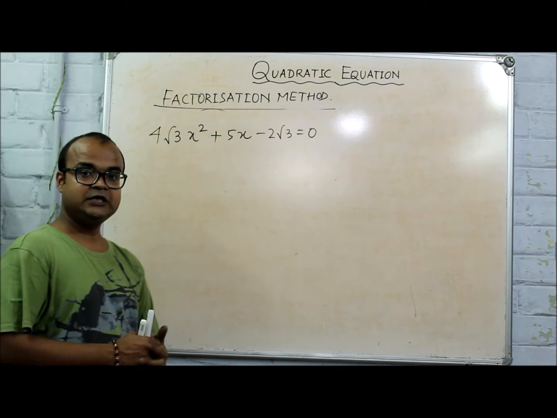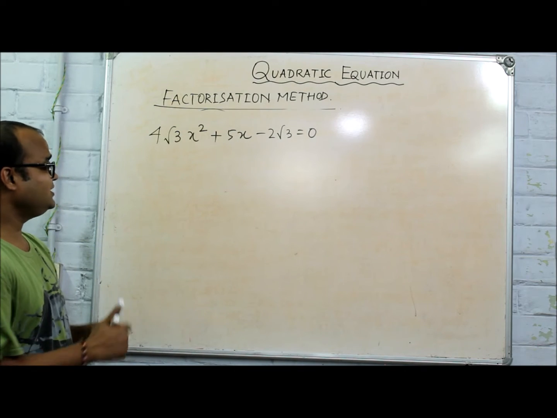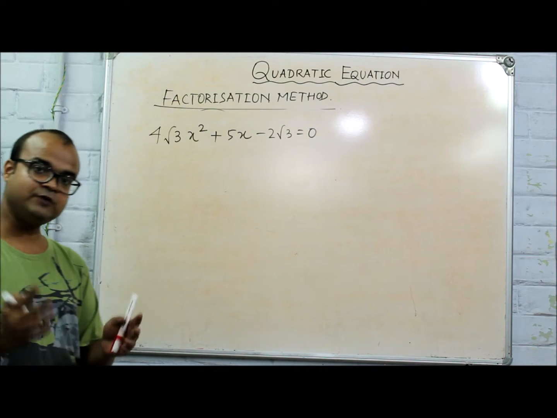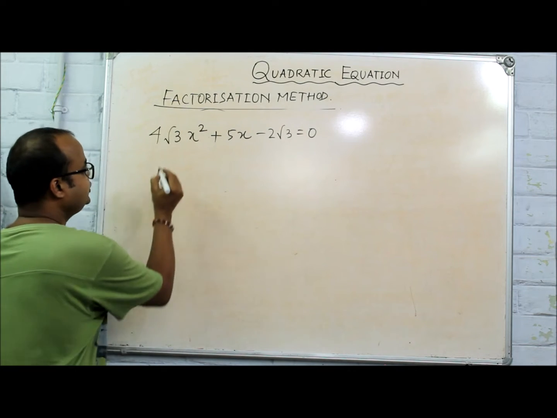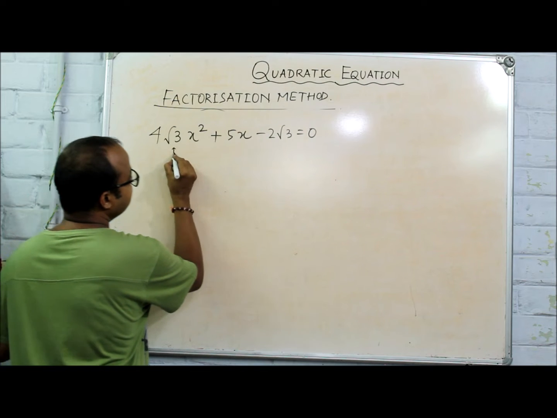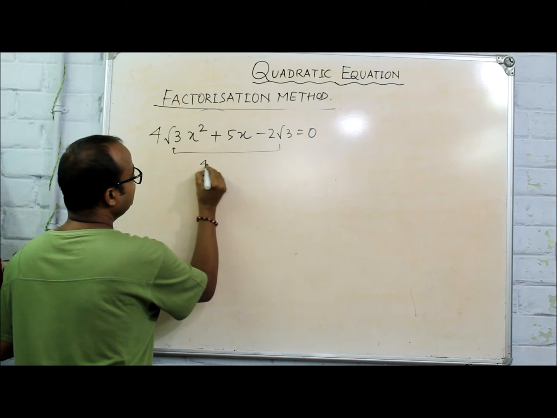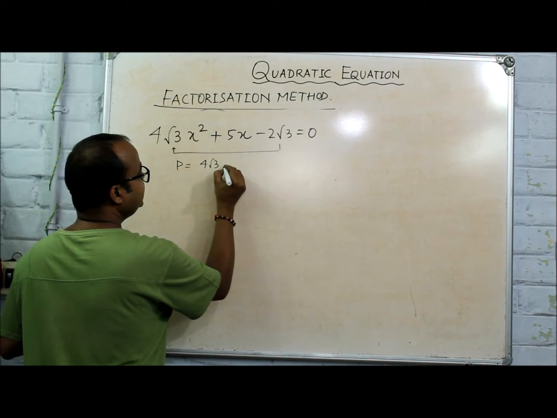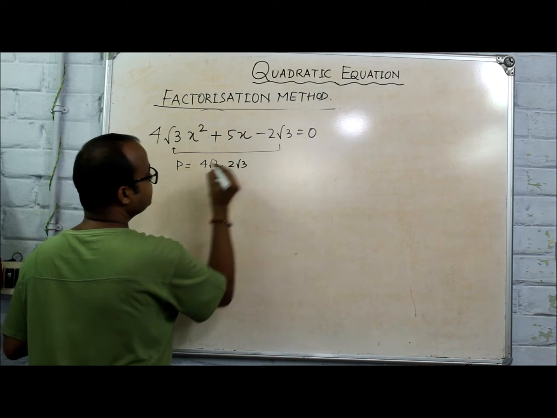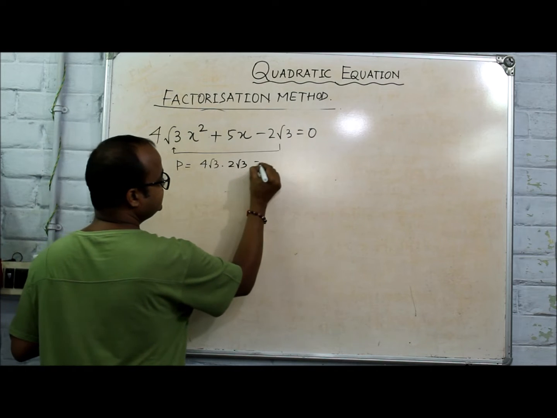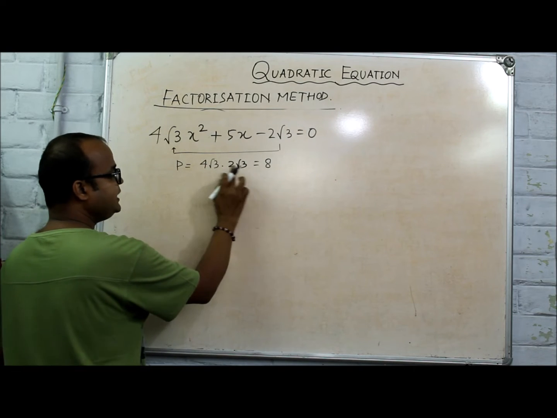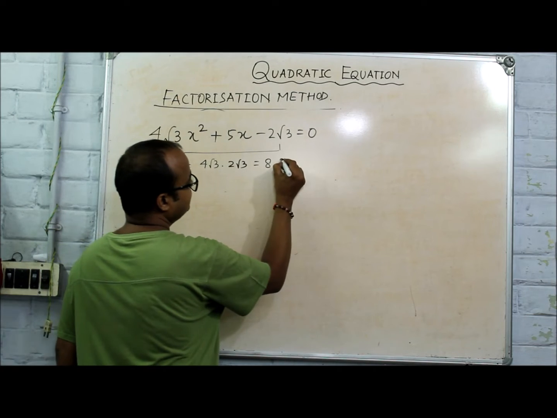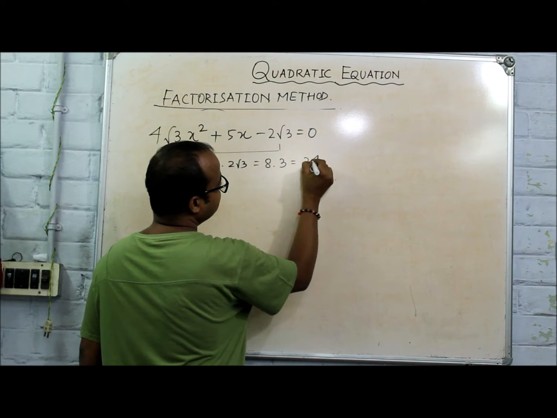When root terms are there, students find it difficult. It is very simple. We stick to the basics of middle term factor. We need to find out the product of these two terms. So the product is 4 root 3 into 2 root 3, that is 4 into 2 is 8, and root 3 into root 3 is equal to 3, so 24.